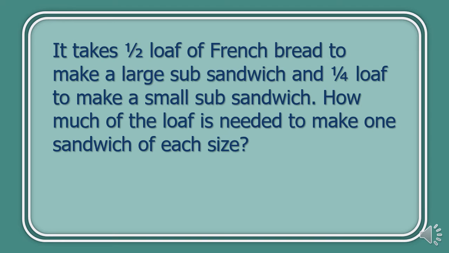So if we add those numbers together, 1/2 plus 1/4, except we have a little problem because these fractions are not like fractions. 1/2 has a 2 in the denominator, while 1/4 has a 4 in the denominator. So we can't just add the numerators together because the denominators are different. The size of the pieces is different. So how are we going to solve that?